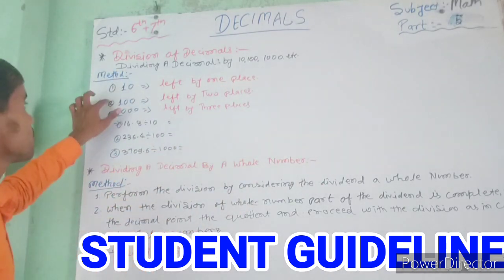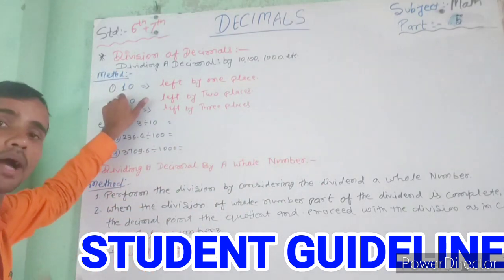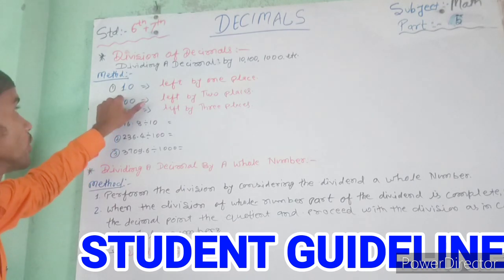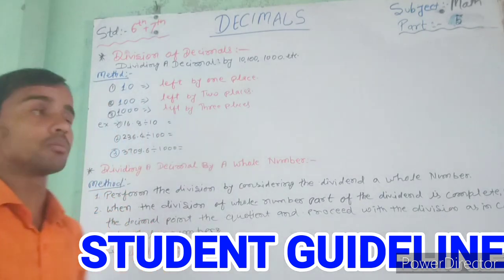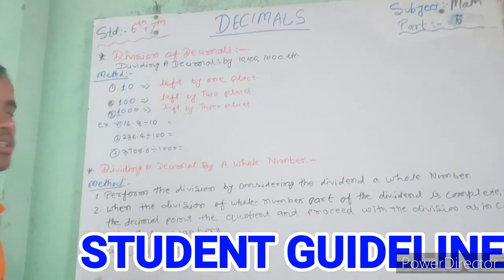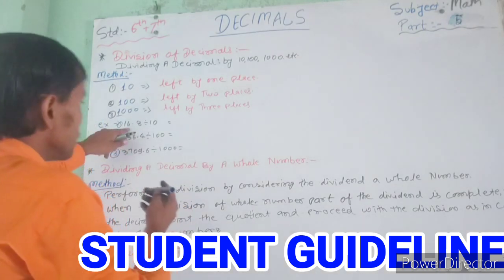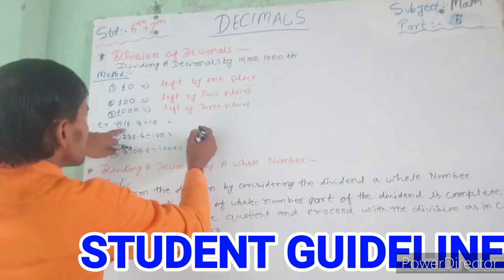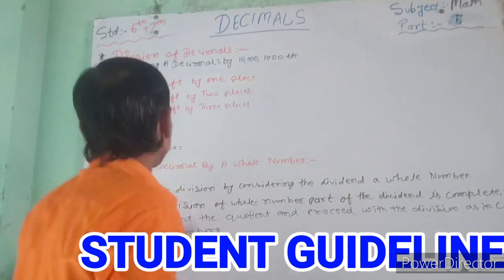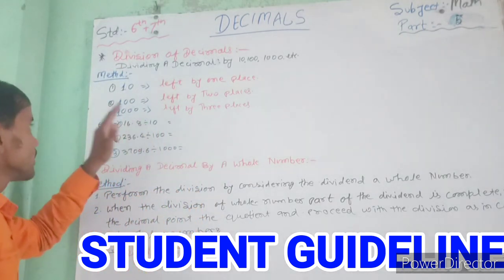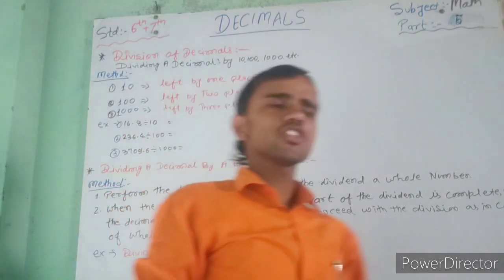The first method is dividing by 10. When you divide with 10, how do you divide? You move left by one place. It means when you divide any number, you go left. Just like here, the number is 16.8.